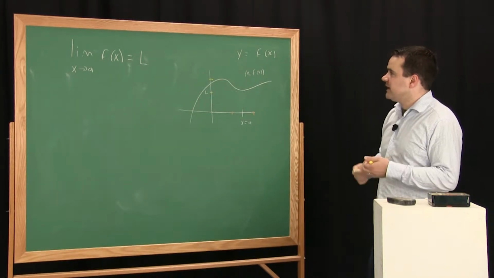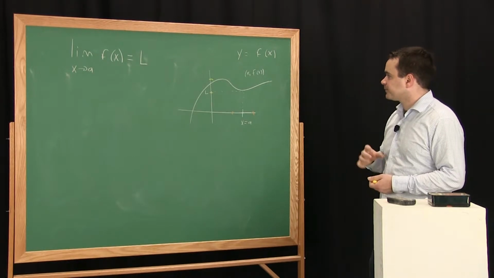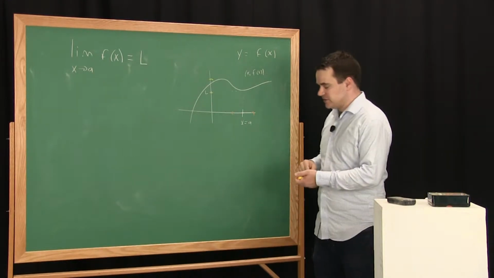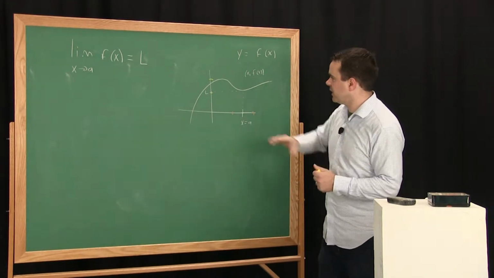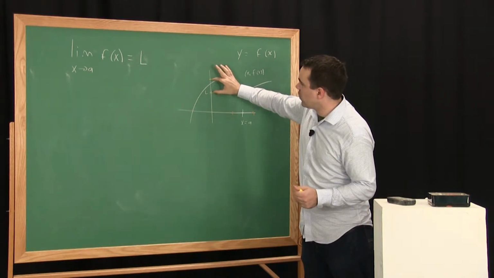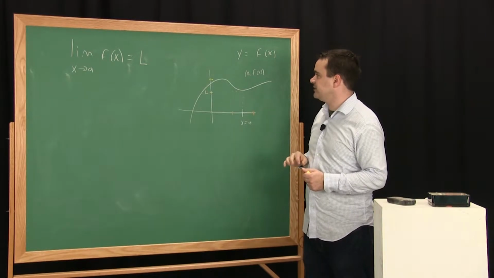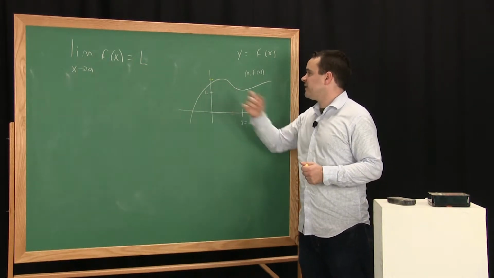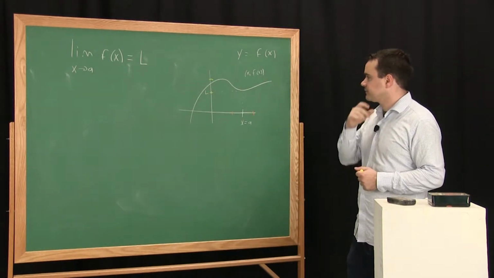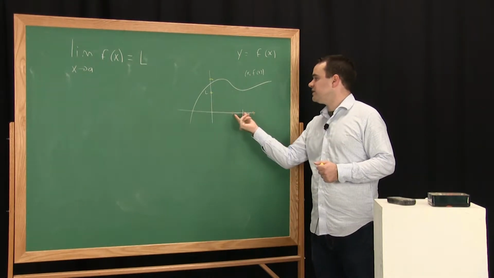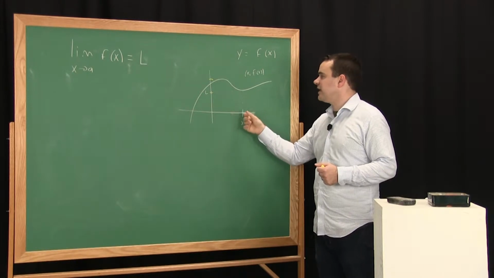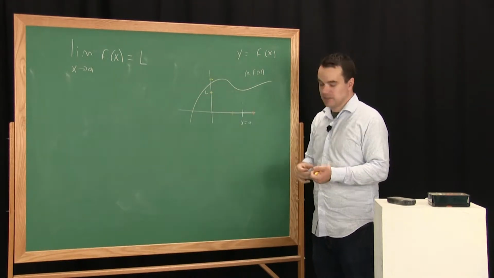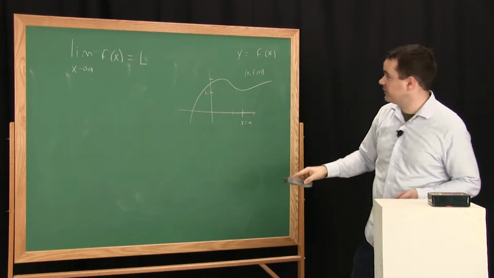But to make this a little bit more formal, what you do is you say, I get to specify, or you get to specify, how wide this interval around L is. And once you make that specification, then there's going to be an interval of x values, such that whenever you're in that interval, the y values have to be in the orange or the yellow interval.